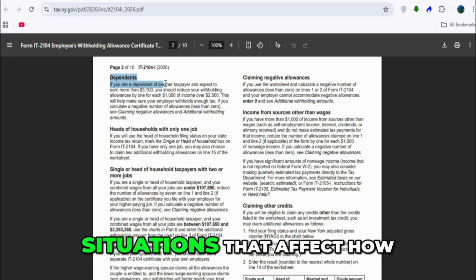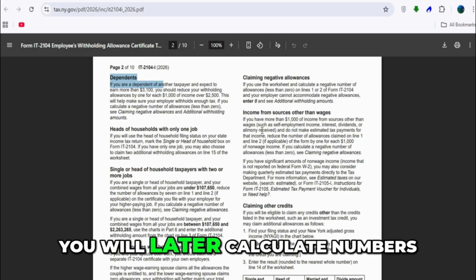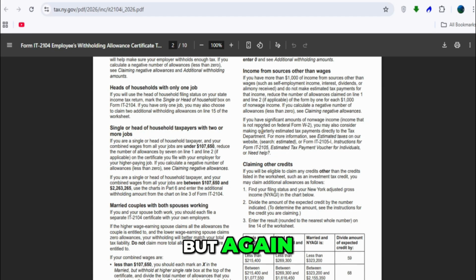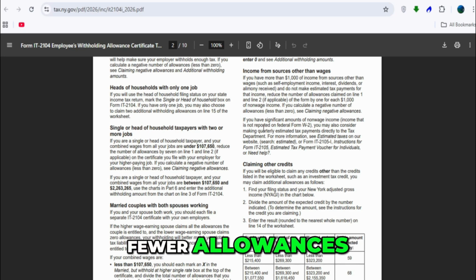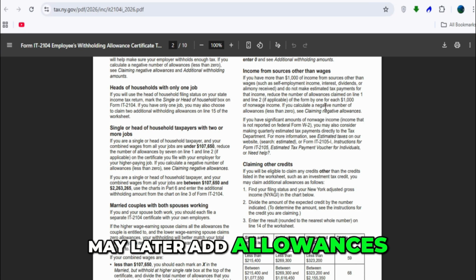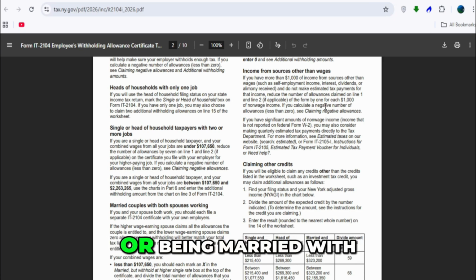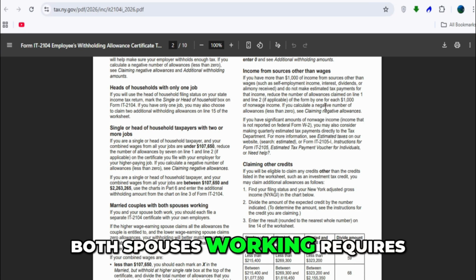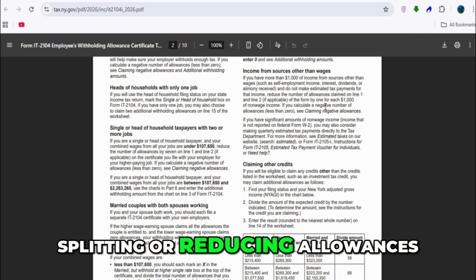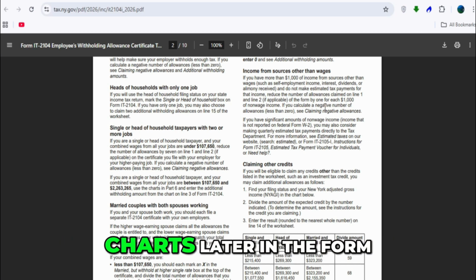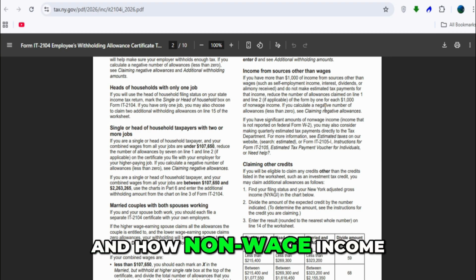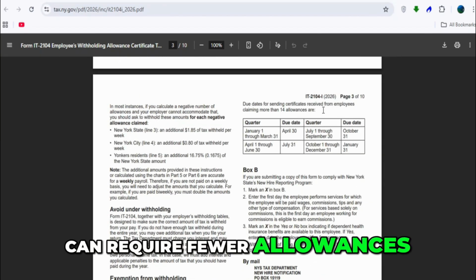Page 2 explains special situations that affect how you will later calculate numbers, but again, you do not write anything on this page. Here it explains how dependents with income may need fewer allowances, how head of household filers with one job may later add allowances, how having multiple jobs or being married with both spouses working requires splitting or reducing allowances, how high income may require extra withholding using charts later in the form, and how non-wage income can require fewer allowances.